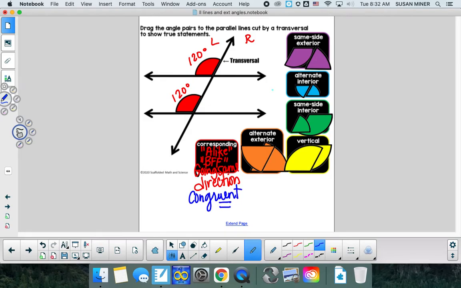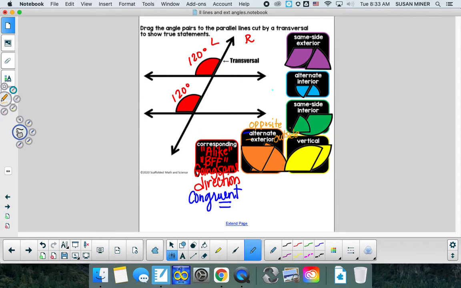Okay, the next relationship we want to talk about is alternate exterior. If I'm thinking in my mind about what the word alternate means, alternate means opposites. And what does the word exterior mean? It means outside.